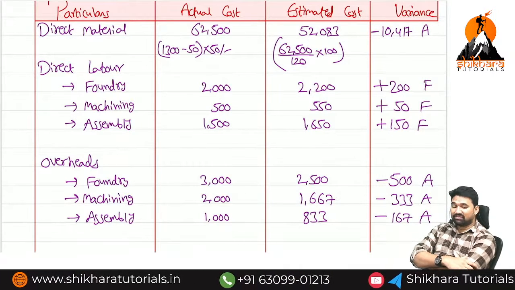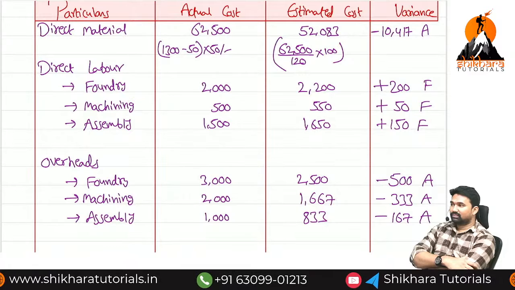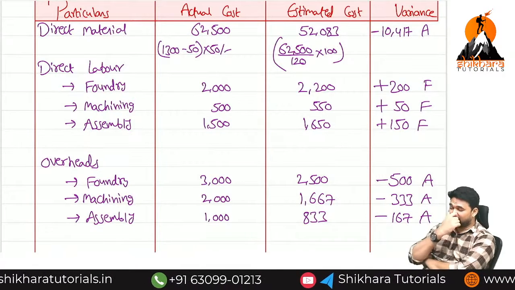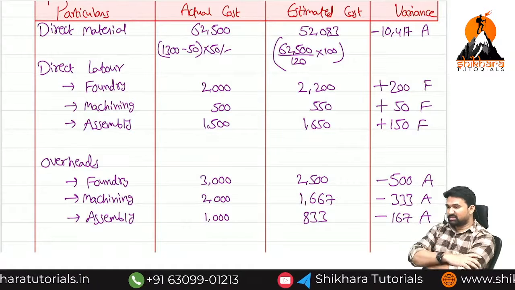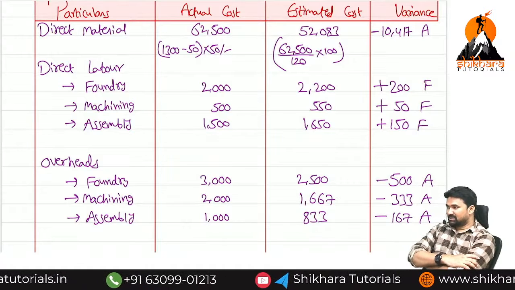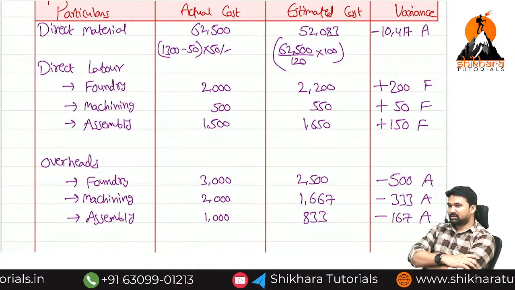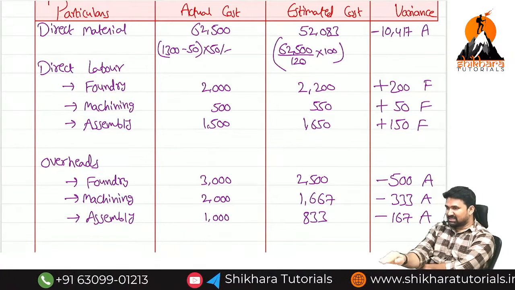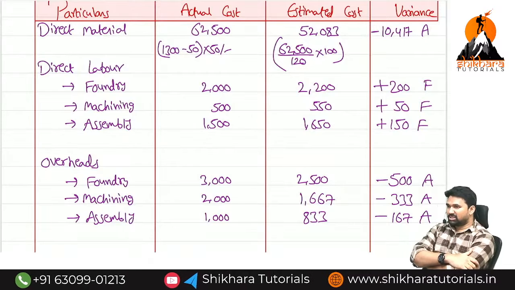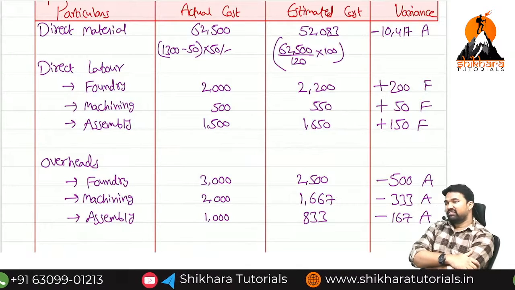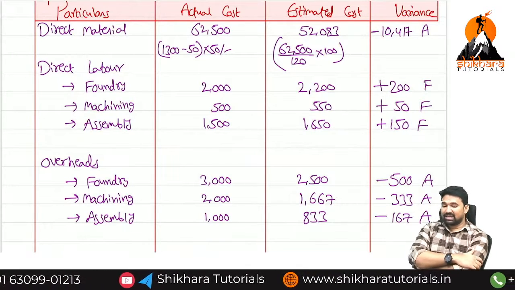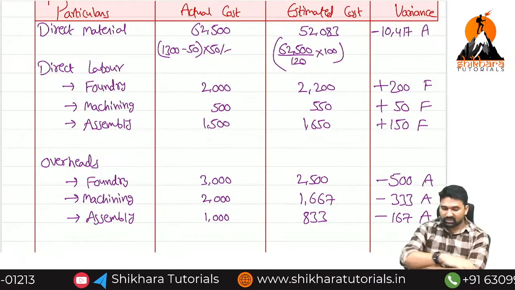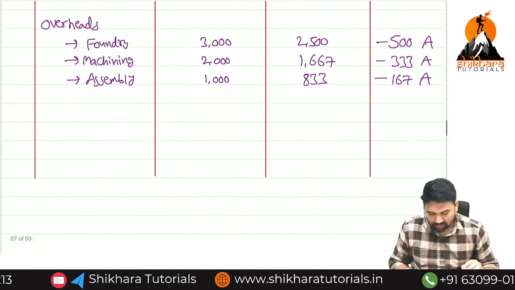When will the F sign be used? Under expenditure. Whenever your actual cost is lesser than budgeted or estimated cost, we use favorable situation, that is the plus sign or F sign. This is all with respect to the cost sheet problem.